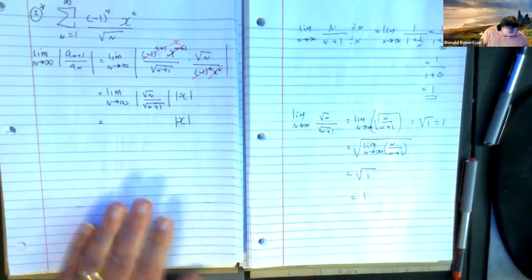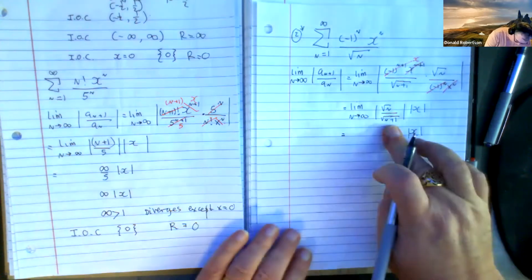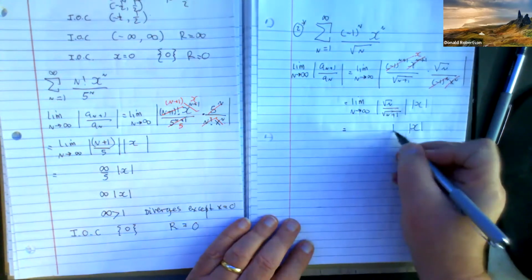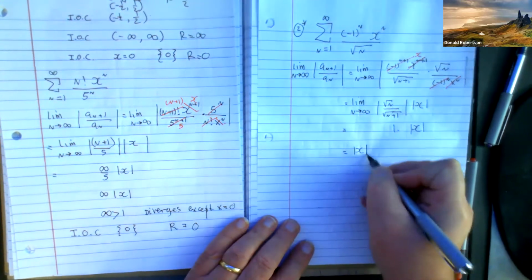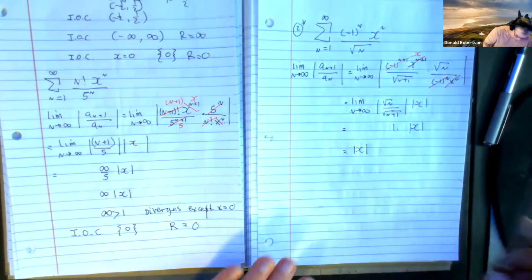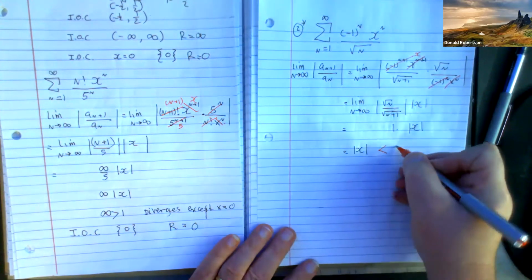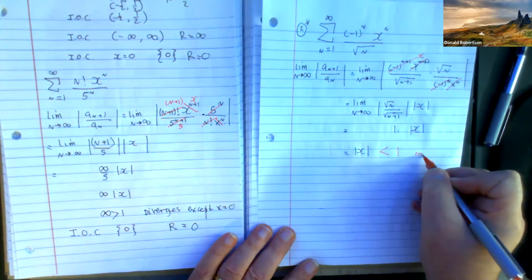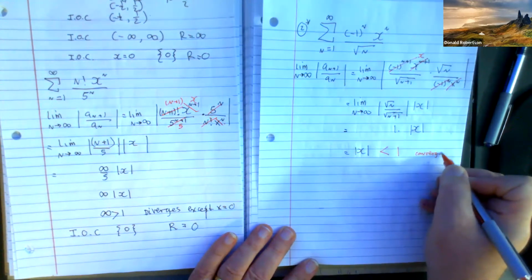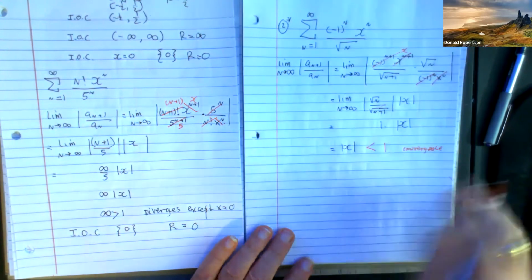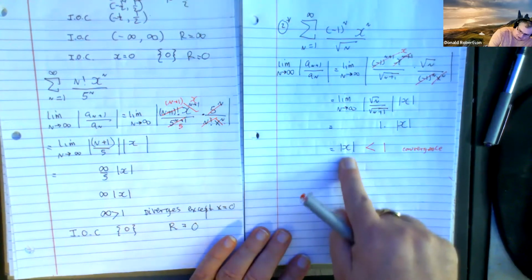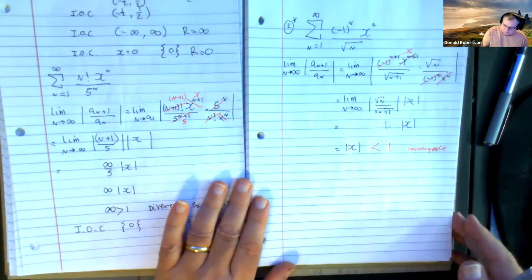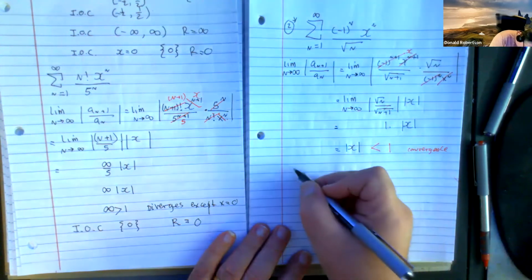No matter how you look at it or how you cut it, that's 1. So what you're left with, technically, all you've got is that guy. And that needs to be less than 1 for convergence. Because according to the ratio test, the limit of the ratio, which is this guy, must be less than 1 for convergence.